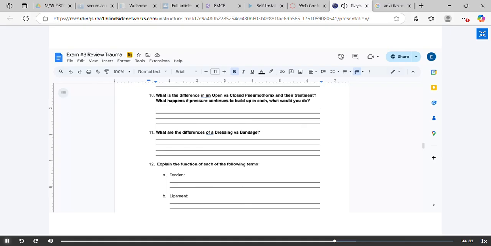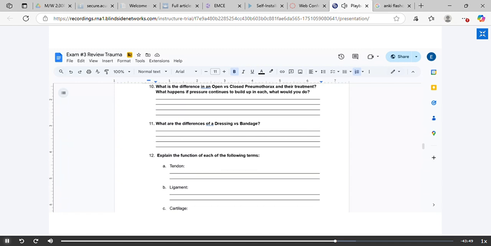Okay, so the dressing is normally like the sterile 4x4s or the sterile trauma pads and things that we put on, and then the bandage is the Kerlix that we use to wrap around to keep the dressing in place.